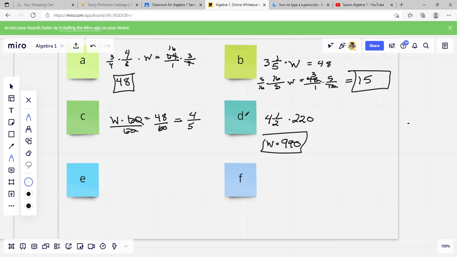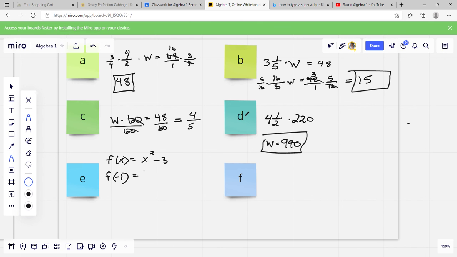Okay. And then E, this says if f of x equals x squared minus 3, find f of negative 1. I'm going to write that down here. So I've got f of negative 1.